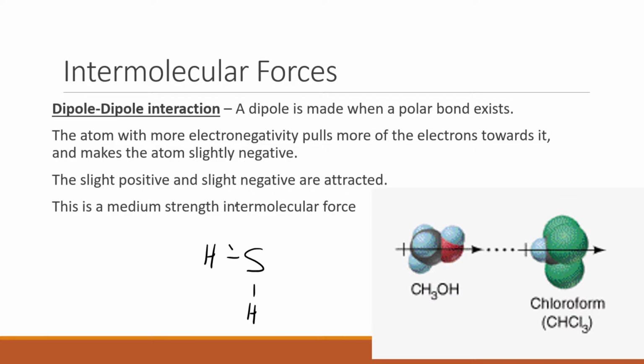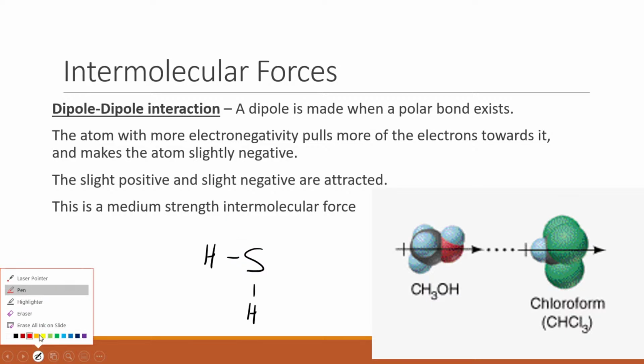This bond, let's change font color to keep things interesting here. This bond is a polar bond. This hydrogen and this sulfur are not the same thing, which means that these electrons are not going to be shared equally. Now, that uneven sharing of electrons leads to a dipole.